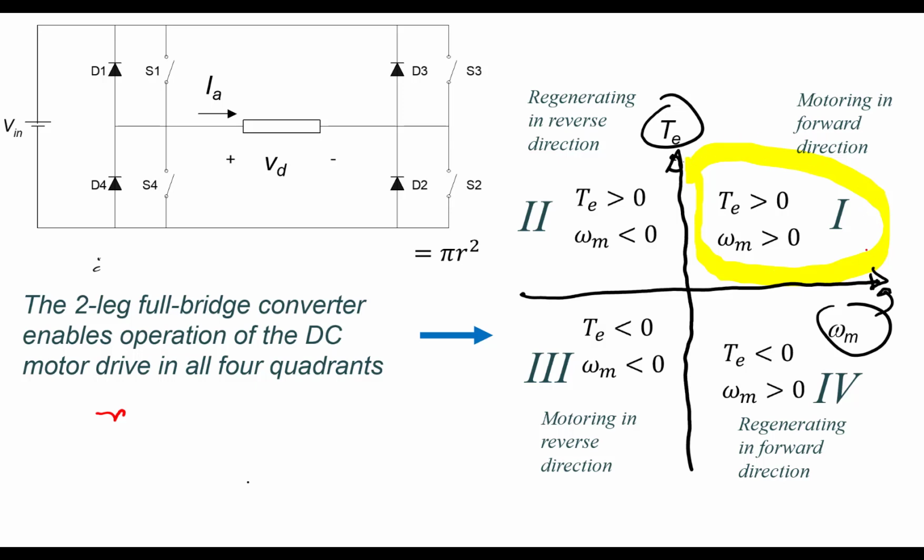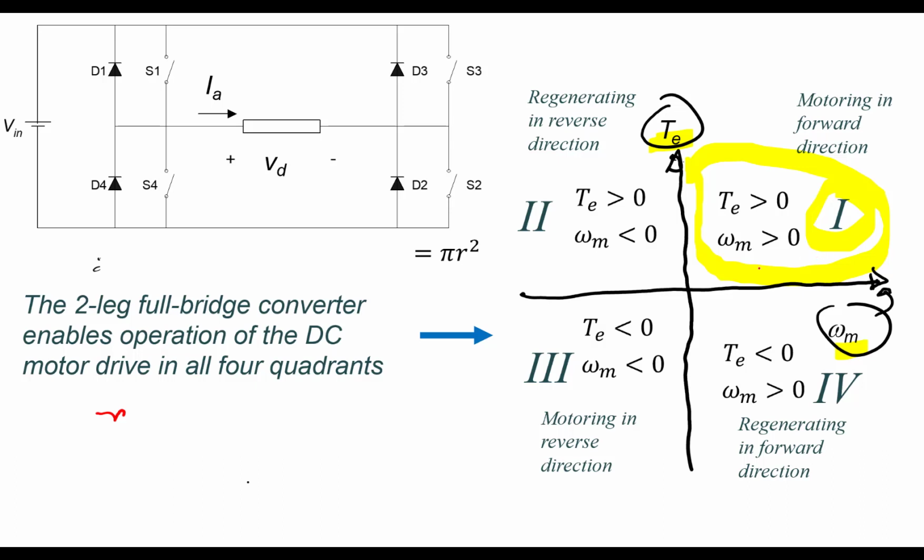So that quadrant would be where the mechanical speed is positive and the torque is positive. So that's quadrant 1.